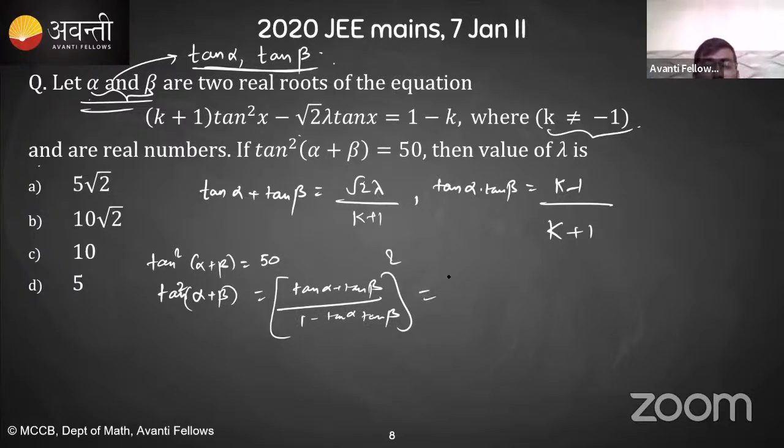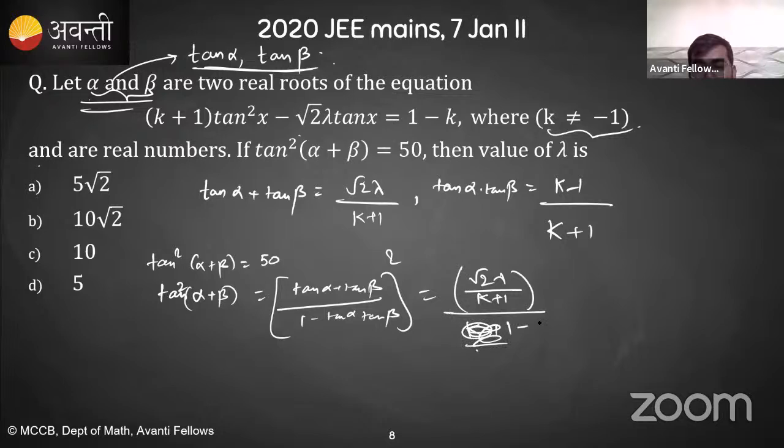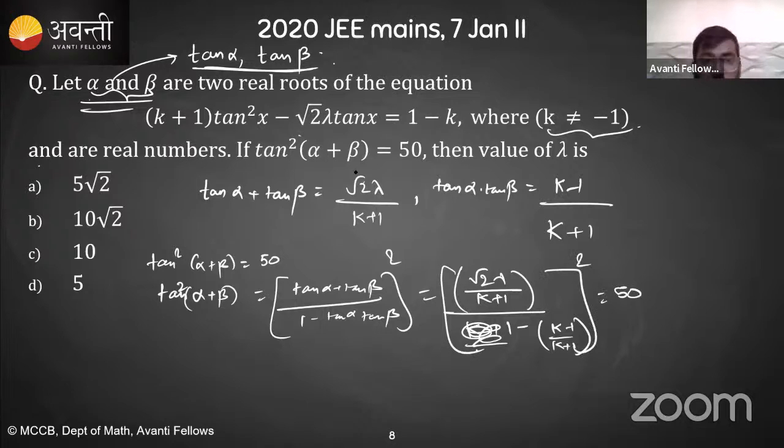So we already know the value of tan alpha plus tan beta. It will be root 2 lambda upon k plus 1, upon 1 minus of k minus 1 upon k plus 1, whole square, and this value is given to us as 50.